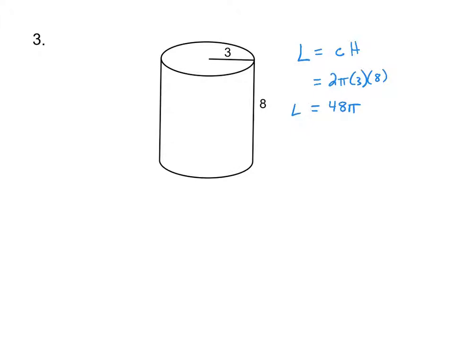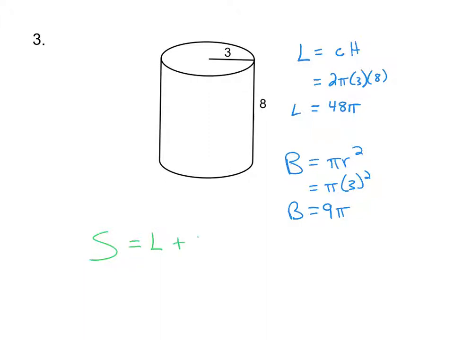Now when I look at the area of the base, that's just a simple circle, and I know that that's pi r squared. So in our case, that's pi times 3 squared, so the area of the base ends up being 9 pi. So the total surface area is going to be the lateral surface area plus 2 times the base.